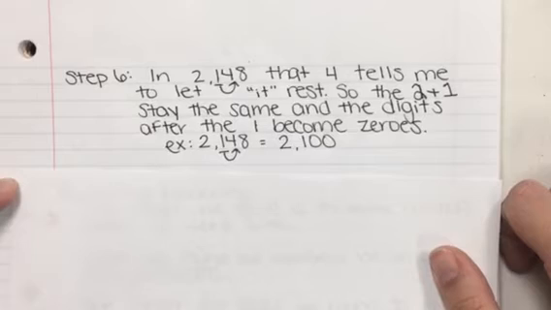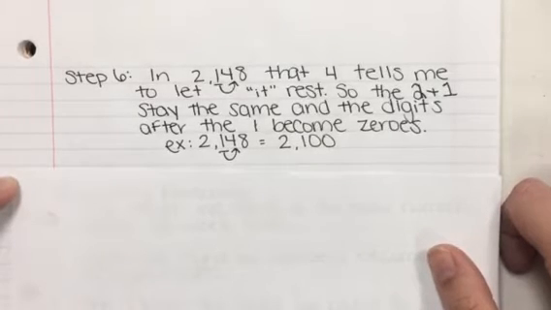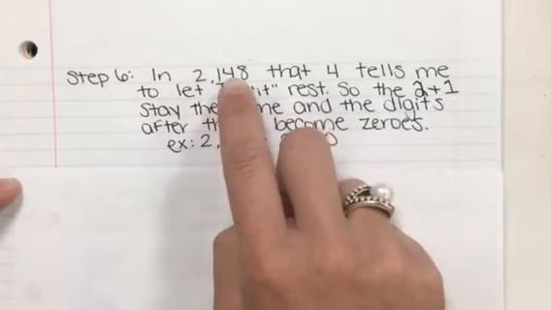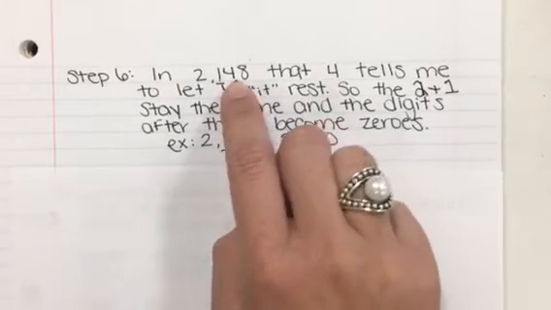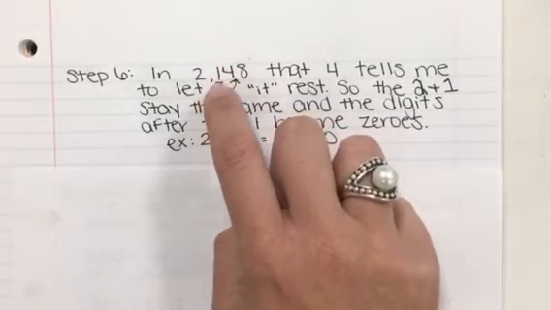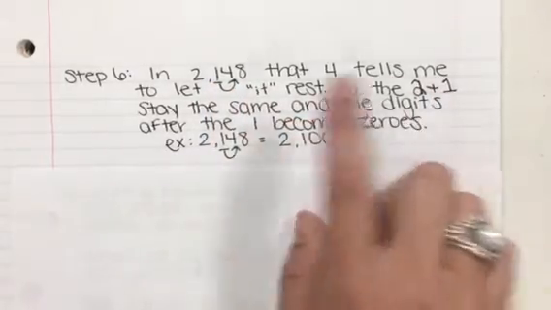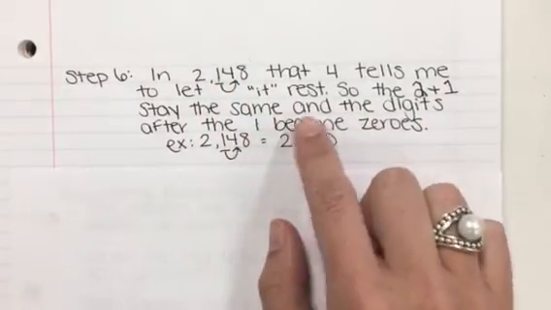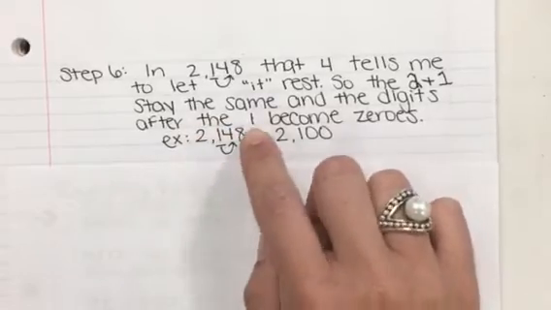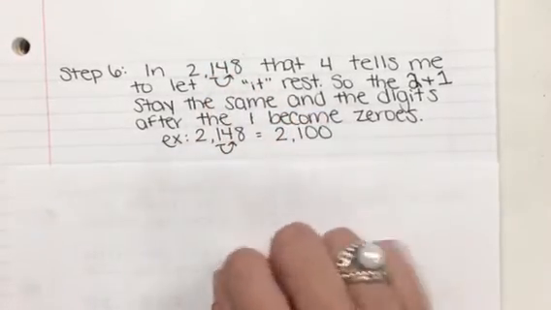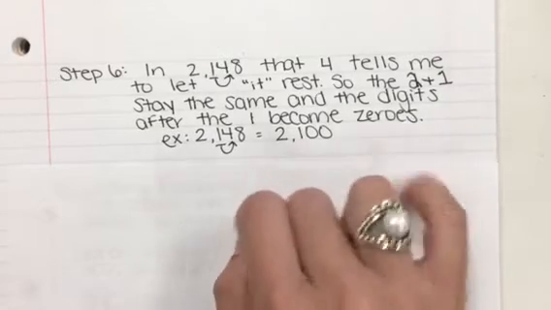All right, in step 6, in 2,148, that 4 tells me to let it rest. So the 4 that the arrow points to tells me to let it, remember that underlined digit is it, rest. So the 2 and the 1 stay the same, and the digits after the 1, so any digit after your underlined number, become a 0.